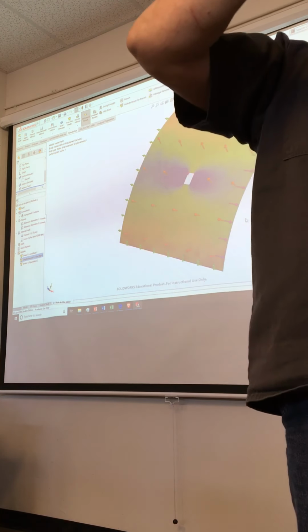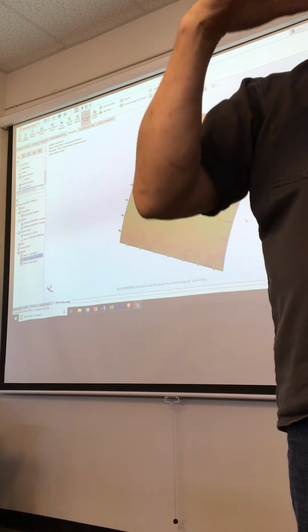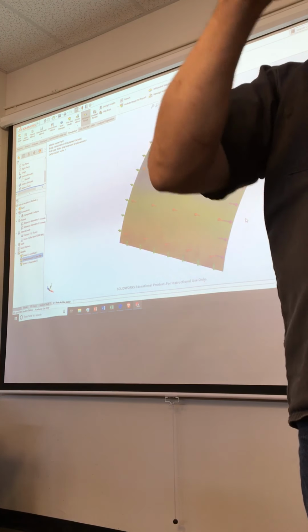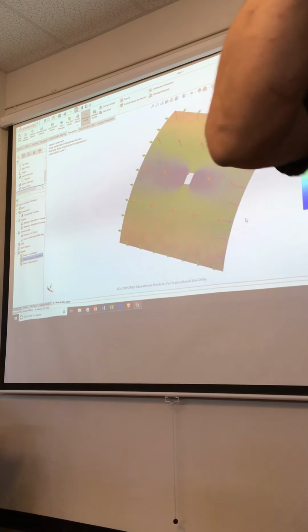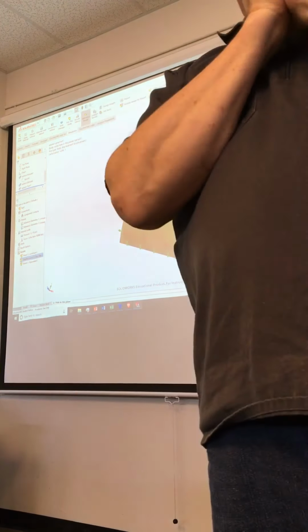Basically, it's the equivalent of pulling it over a form, like a cylinder shape. We're pulling on the material in two different directions over a cylinder shape, making it maintain that shape with the constraints. And I've done that in the past. That actually works pretty good if you get tired of the large displacement thing, it makes it go away.